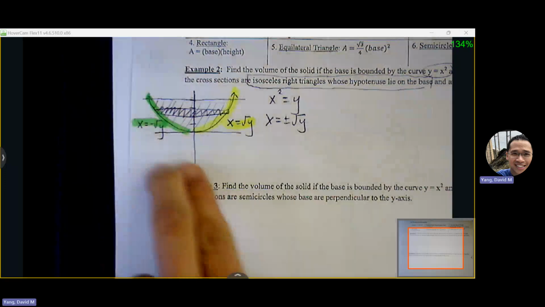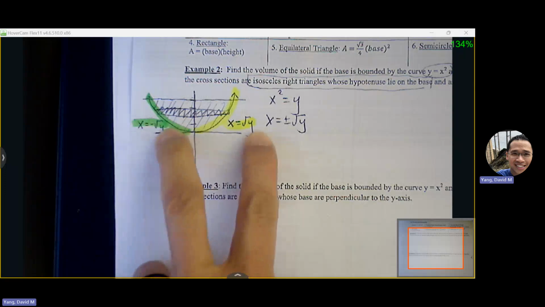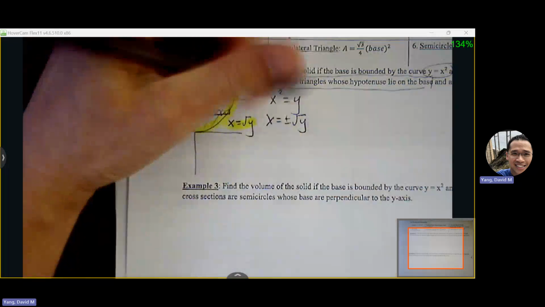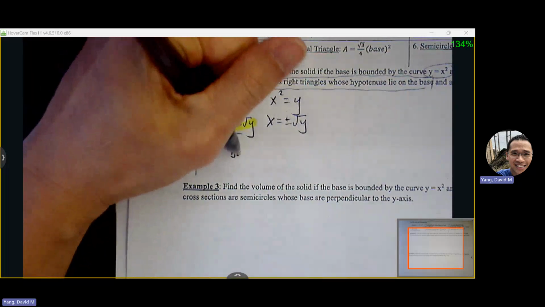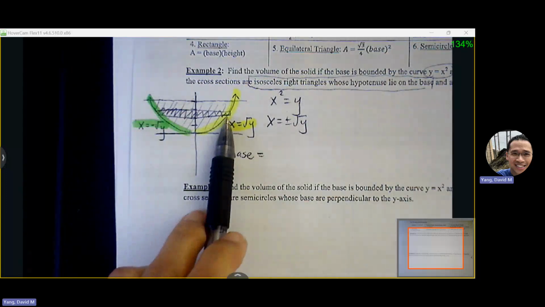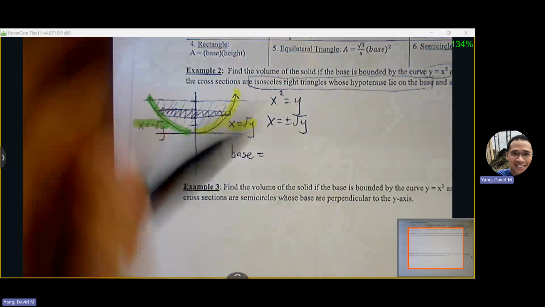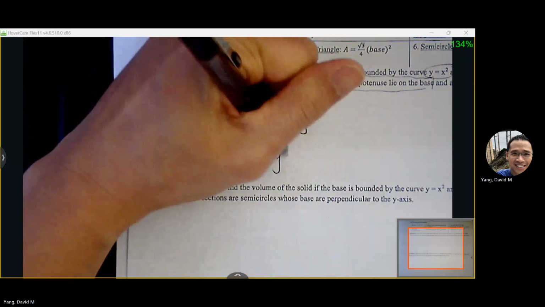Now that we have both equations in the proper form, if we see x equals on the left side, the right side is going to be ready for a right minus left relationship. So our base length is right minus left. The right endpoint of my base length is sitting on the root y, minus left.